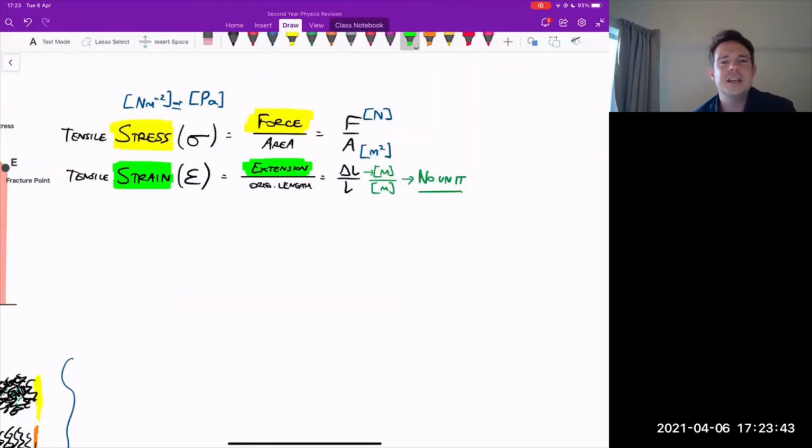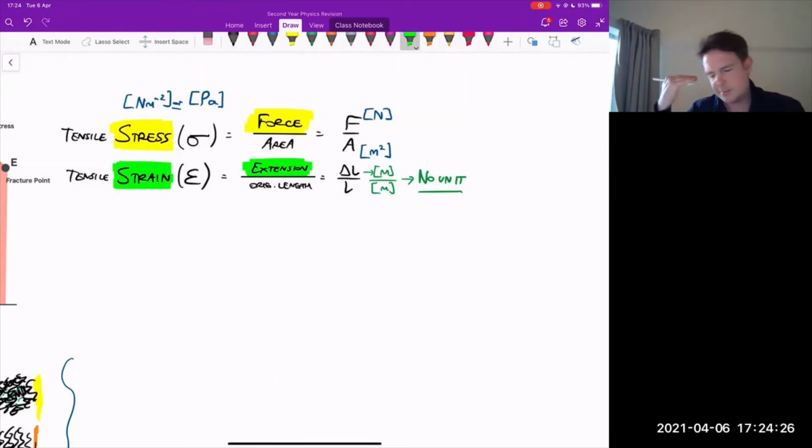So if my extension is half the original length, that's quite a large extension, then my strain would be 0.5. If I took my blue tack, or my sample, and extended it so the extension was the original length, the strain would be 1, because I've extended it by the entirety of the original length. So strain is basically what fraction of the original length we've extended by.